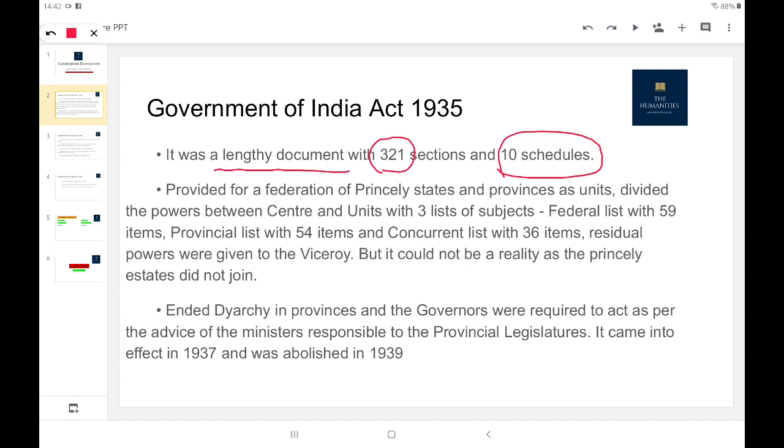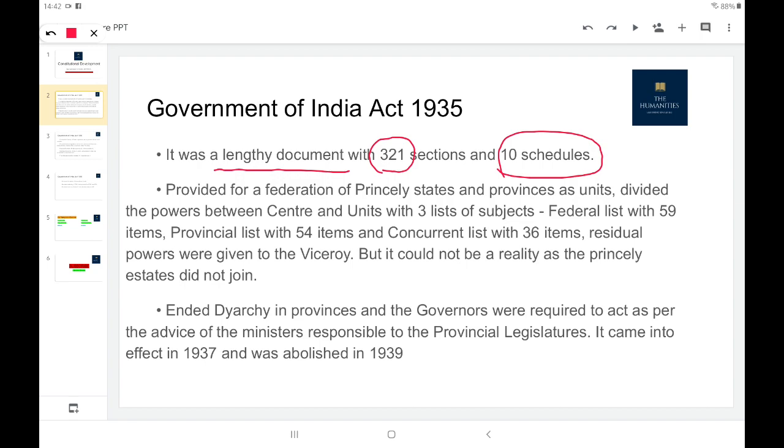Before talking about the different provisions of the act, one thing that you should know about this act is that the changes it brought into the central government couldn't be passed because the princely states didn't agree on those provisions.